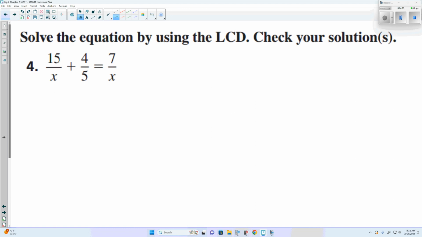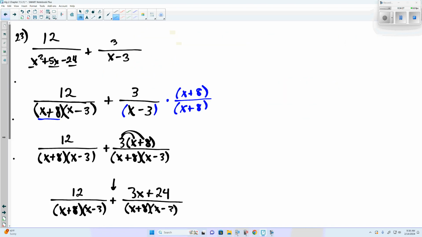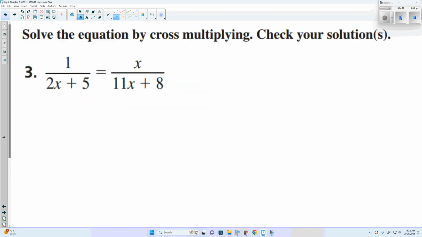Do y'all want to look at one more of these or start the assignment? One more? You want to look at this one or the one we skipped? Yes, okay. Let's see here. Did we skip? We did this one, yes?